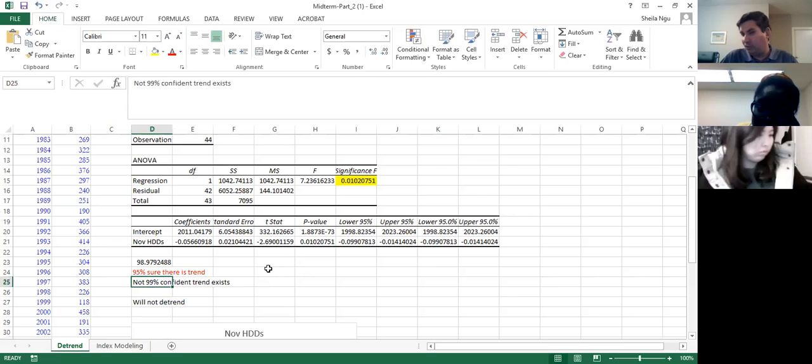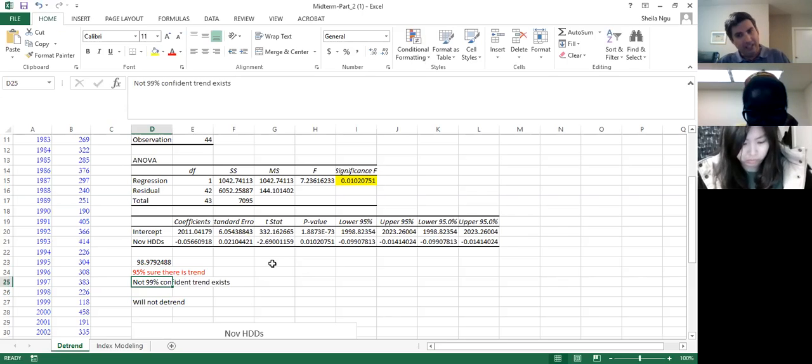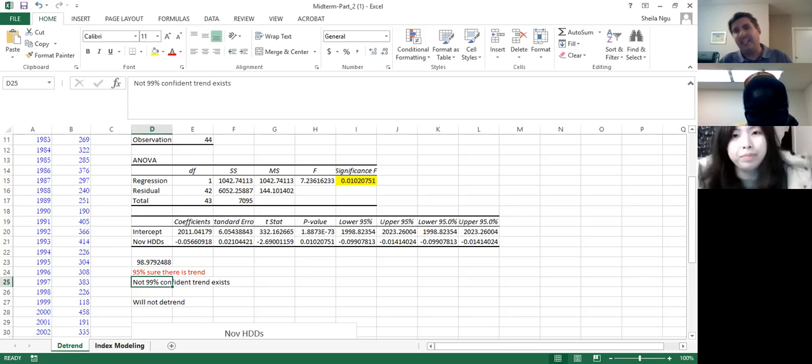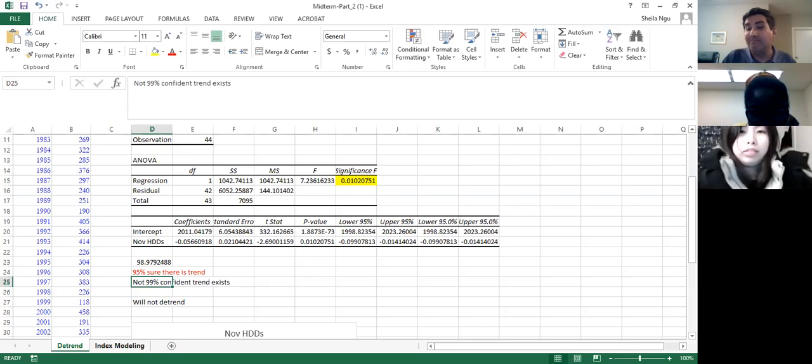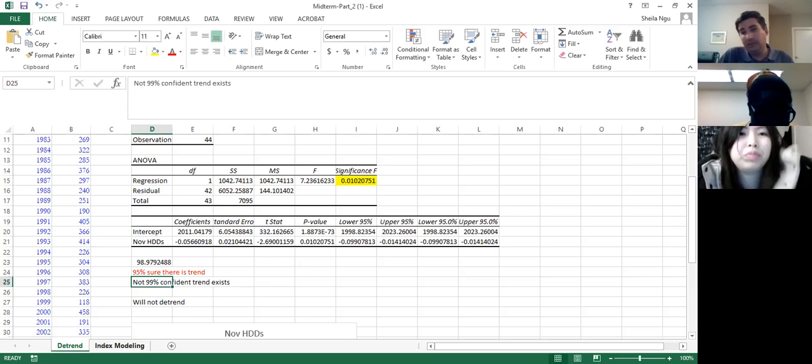The detrending formula we've seen is not very complicated, but if you've already done some work on this, I wouldn't go back and redo it, because that would change your numbers at the start of all those things, and that can take some time. So as long as you've checked it like this and said, okay, we're not going to do it at this threshold, that's okay.